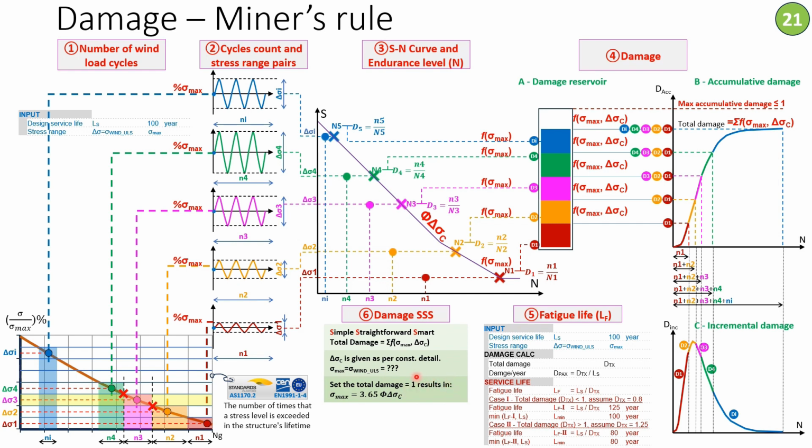So all you do is equate the total damage with 1. You have only one unknown in this equation, which is the maximum ULS wind stresses. Once you do that, you will get a formula that relates the detail category for a specific structural detail and the maximum induced wind stresses that this structural detail can sustain. This is a universal equation and it applies for all the detail categories.